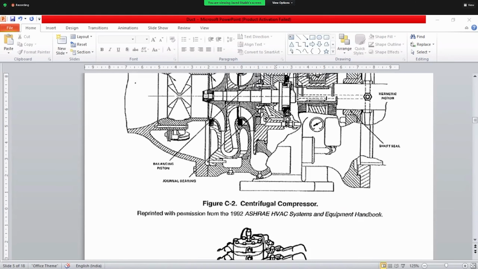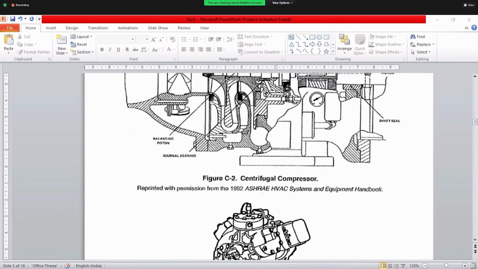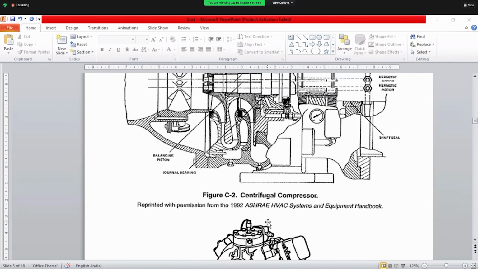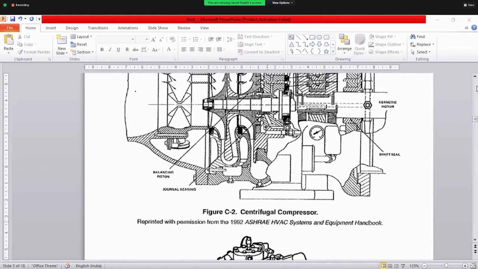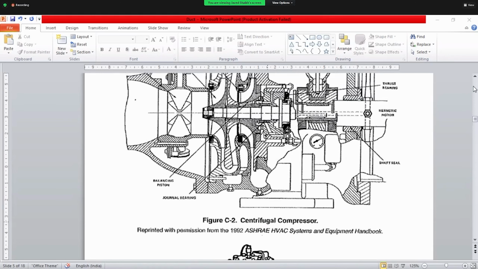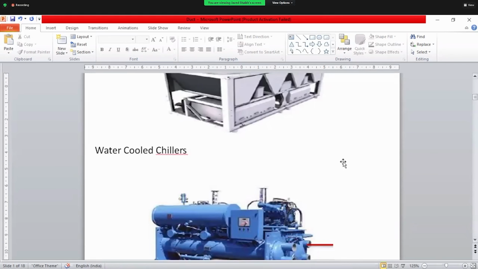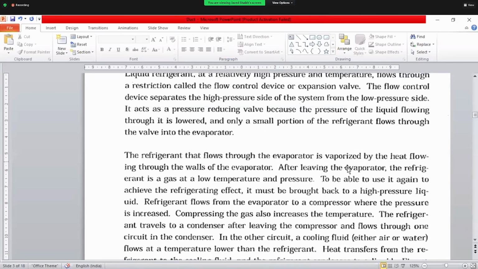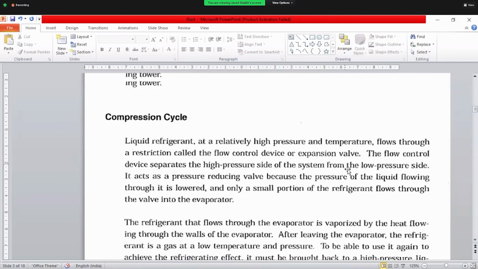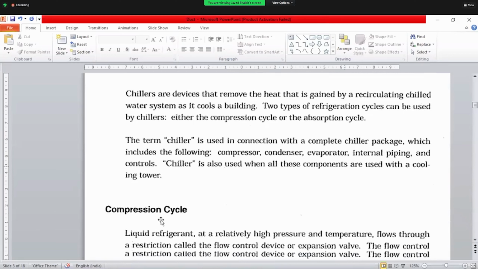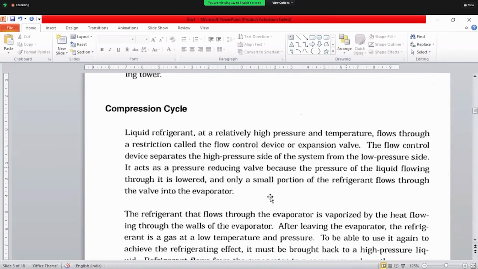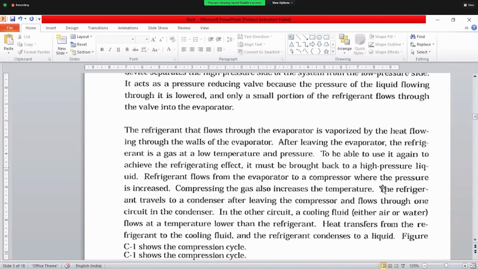So now this is the reciprocating type. The definition of reciprocating is back and forth motion in a straight line.